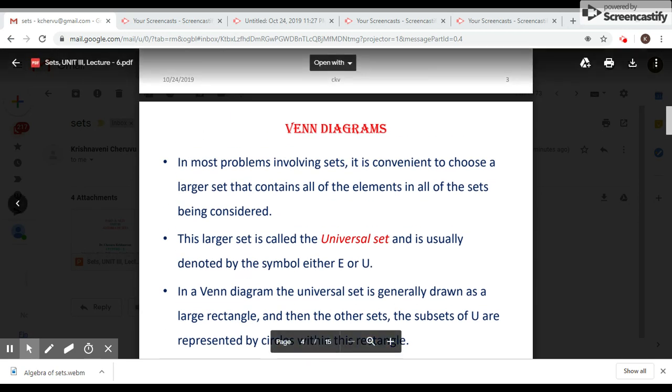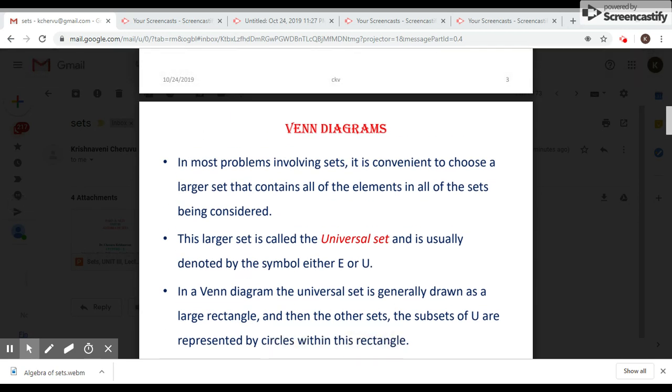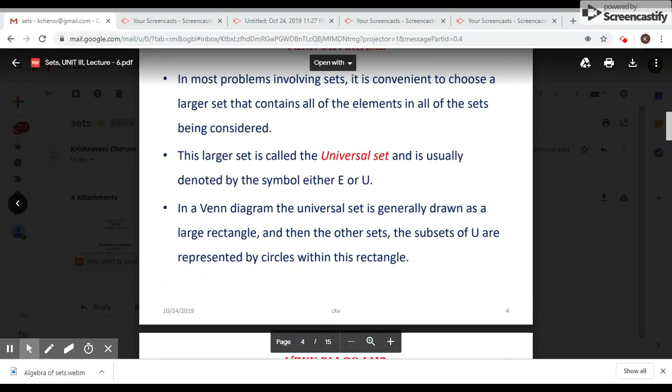In most problems involving sets, it is convenient to choose a larger set that contains all of the elements in all the sets being considered.